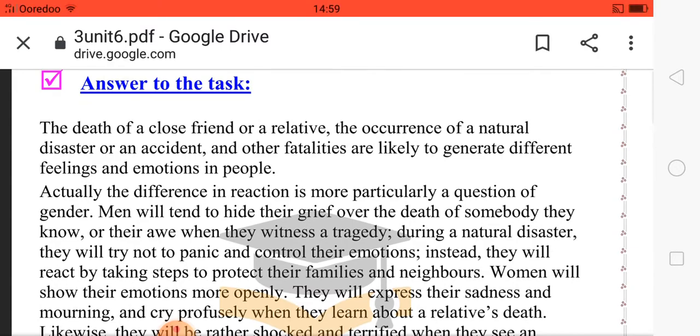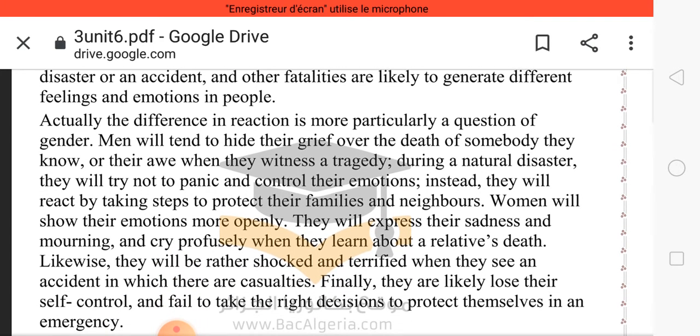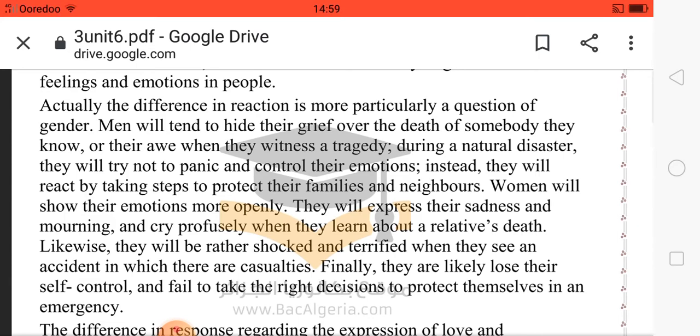The death of a close friend or a relative, the occurrence of a natural disaster or an accident, and other fatalities are likely to generate different feelings and emotions in people. Actually, the difference in reaction is more particularly a question of gender.